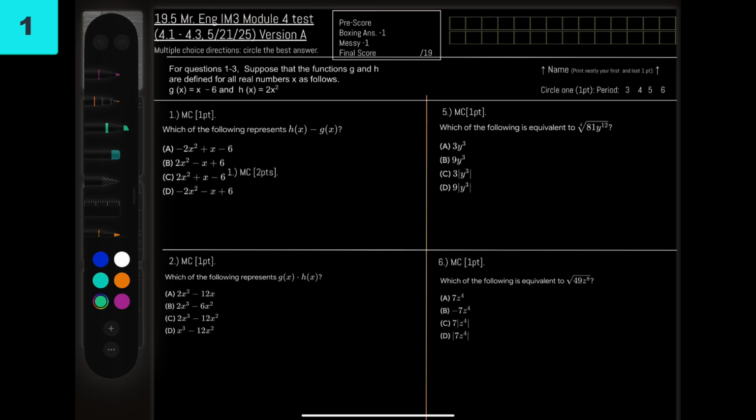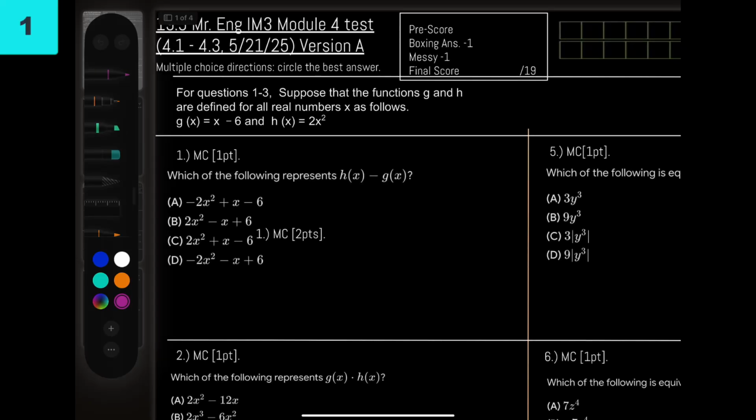Hey guys, let's go over the Module 4 test version A. You're going to use all of this for questions 1 to 3. Suppose a function g is defined for all real numbers of x. So g is x minus 6, and h is 2x squared.